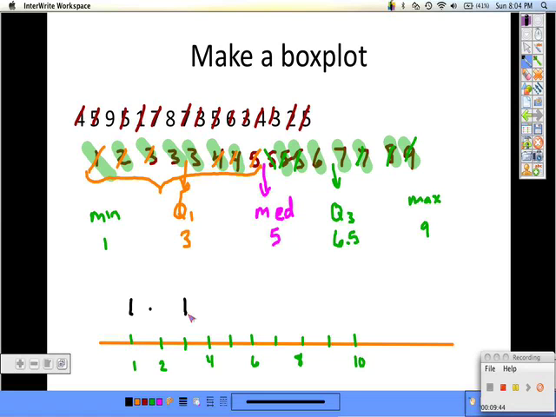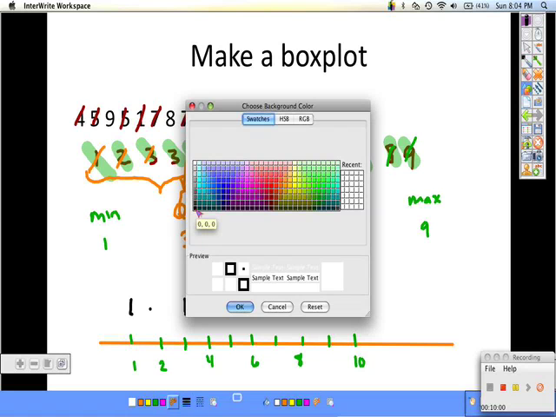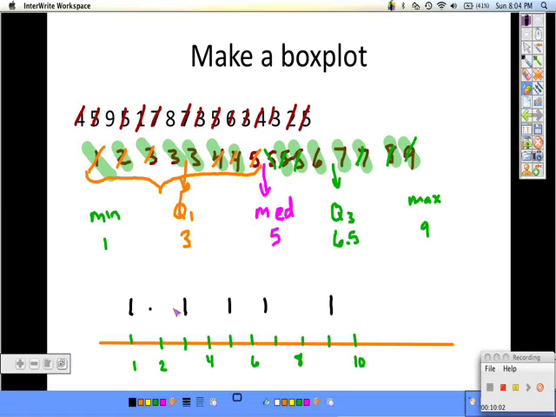So 1, 3, 5, 6.5, and 9. And then around the 3 quartiles, I'm going to make my box, and then from the ends of the box out to my maximum and minimum, those are my whiskers.